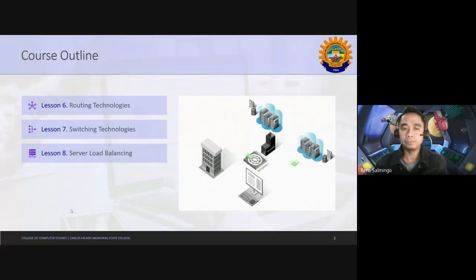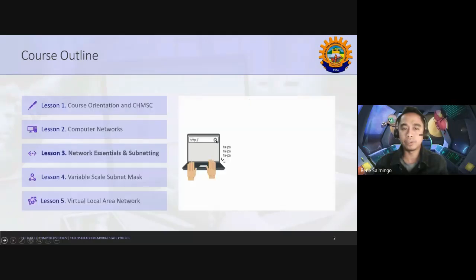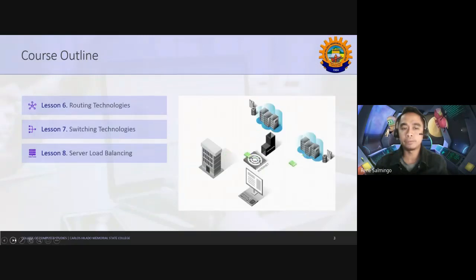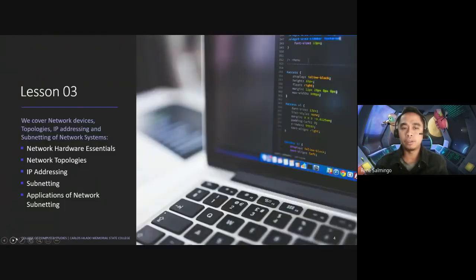So these are the topics for your course. We are now on the third topic. The component in lesson 3 is more on network hardware essentials. We have network topologies, IP addressing, subnetting, and applications of network subnetting. So do you have an idea on the network topology?